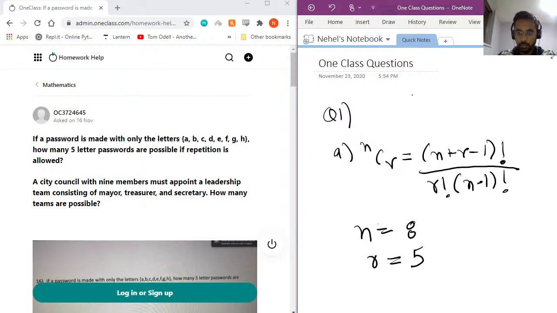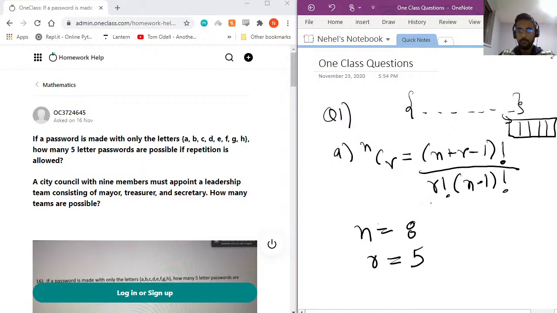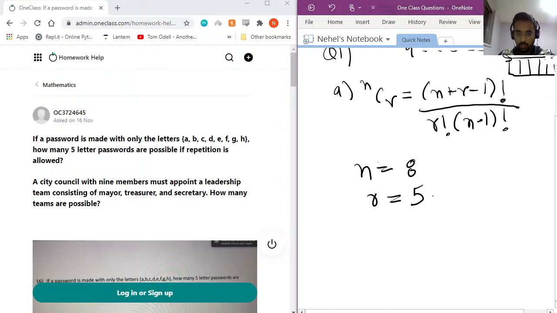So essentially what we're doing is we have a list of 8 alphabets which we are picking 5 from for our password. Now in order to do that, we can plug these numbers into the formula, and then we should be able to get our answers quite easily.